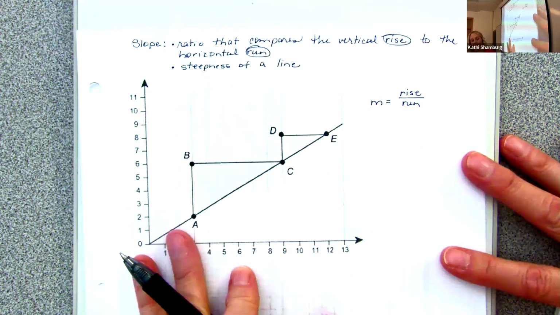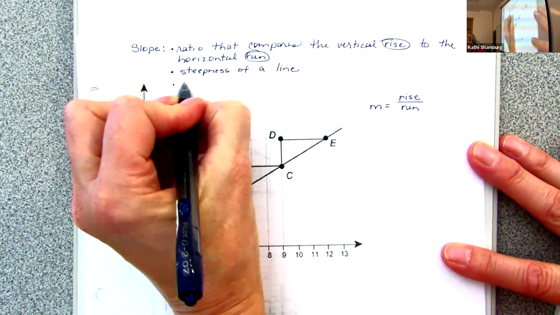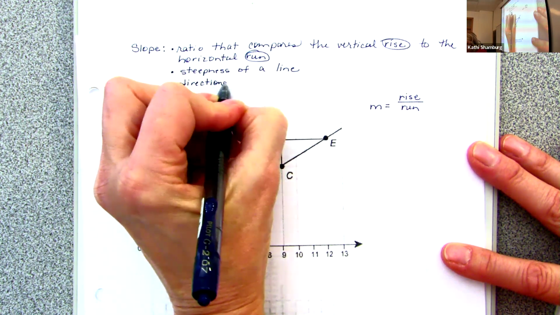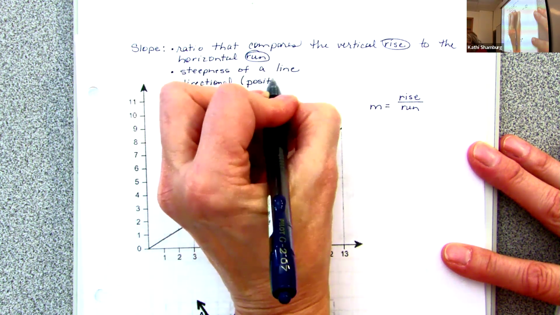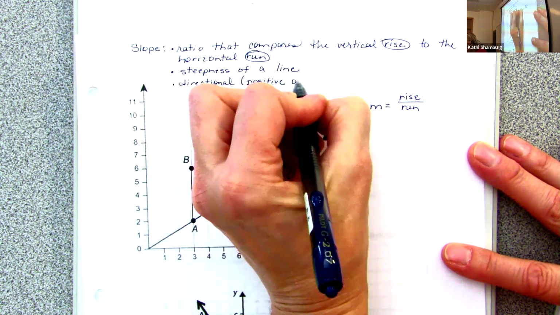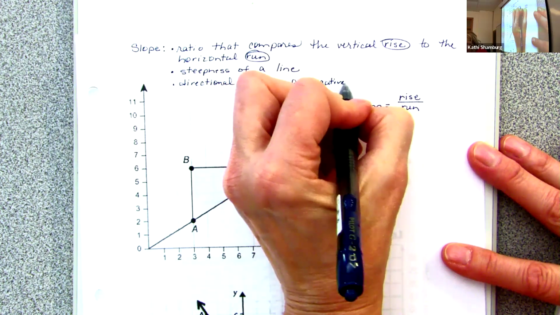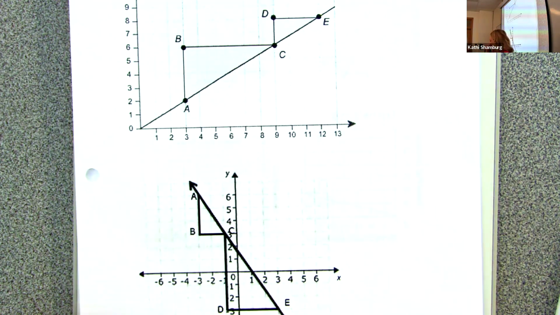So it helps us visualize the steepness of the line, as well as it is directional, meaning your slope can be positive or negative. How do we determine if it's a positive or a negative slope just by looking at it?